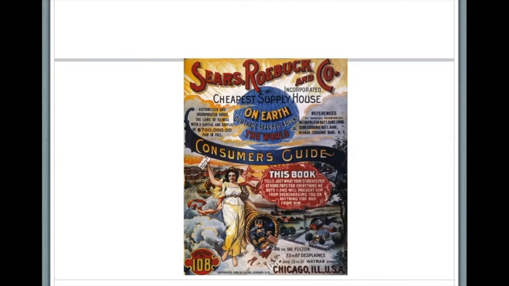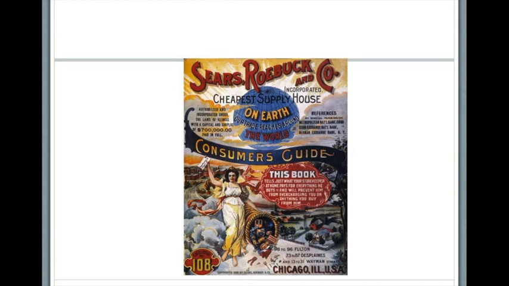Prior to department stores, people bought items individually. What I mean by that is you might have the milkman, or you might go to the shoe store, but you couldn't get milk and shoes at the same store. So this changes all of that.